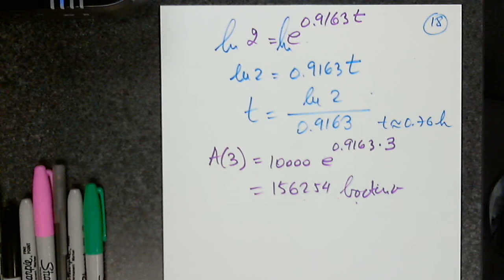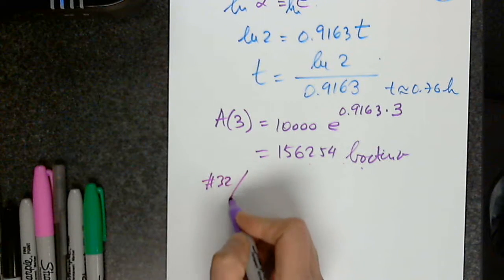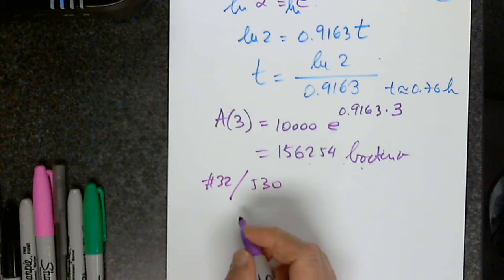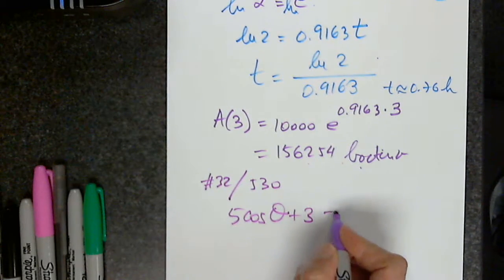How about 32? Which one? 32. Very good. So we have 32 on page 530, which is 5 cosine theta plus 3 equals 0.